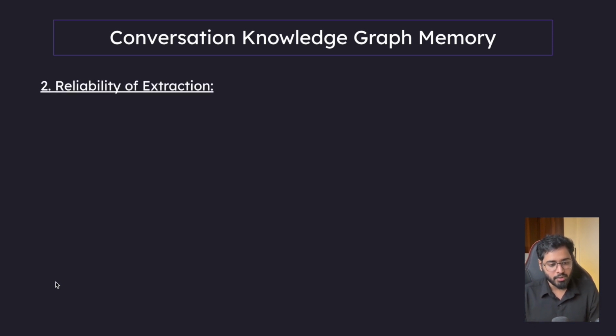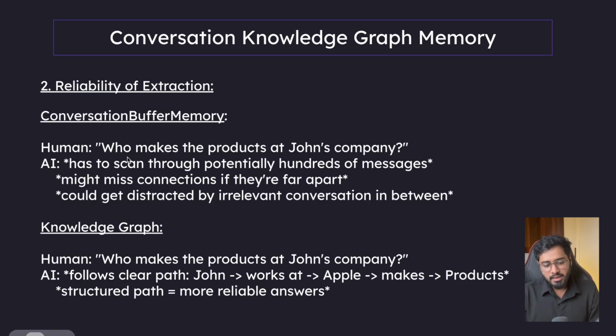Okay, let's look at the second one, reliability of extraction. Let's contrast conversation buffer memory and knowledge graph. If the human asks who makes the products at John's company, the AI has to scan through potentially hundreds of messages, might miss connections if they're far apart, and could get distracted by irrelevant conversations in between because there's so much noise, right?